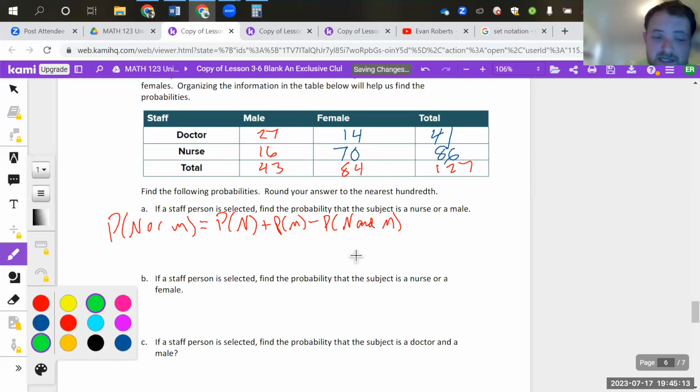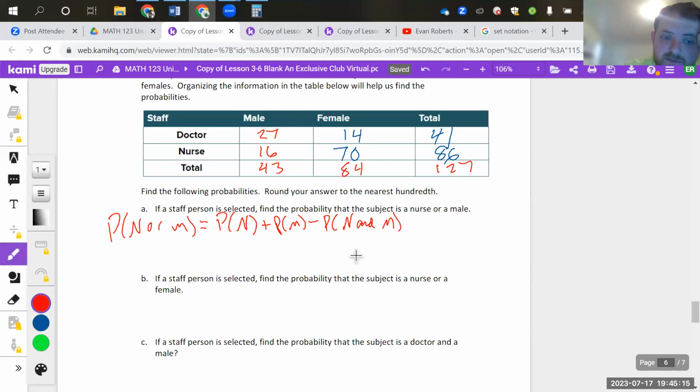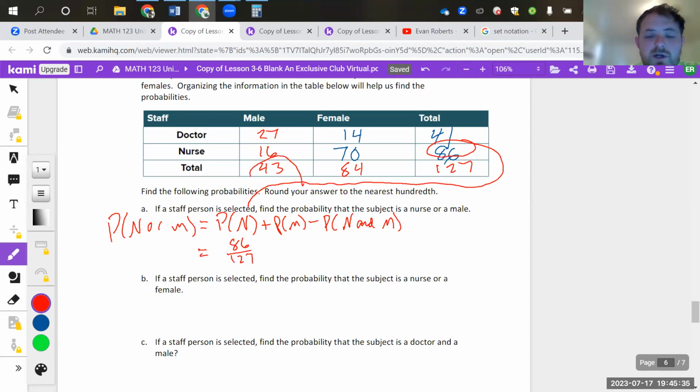So I know that's a lot of writing. But now we just go to the chart. The probability that they are a nurse is 86 out of the 127. The probability that they're a male, it looks like there are 43 males out of the 127.